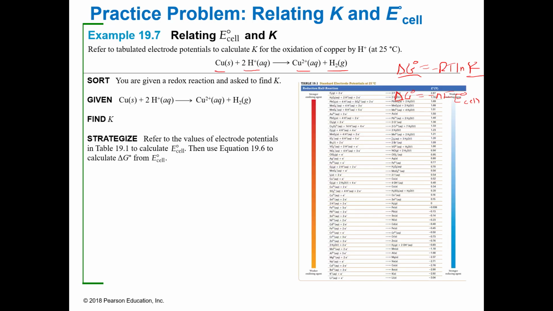All right. So we need the reduction value for the hydrogen ion, and we need the standard reduction for the copper, even though it's being oxidized. All right, so let's look these up real quick.